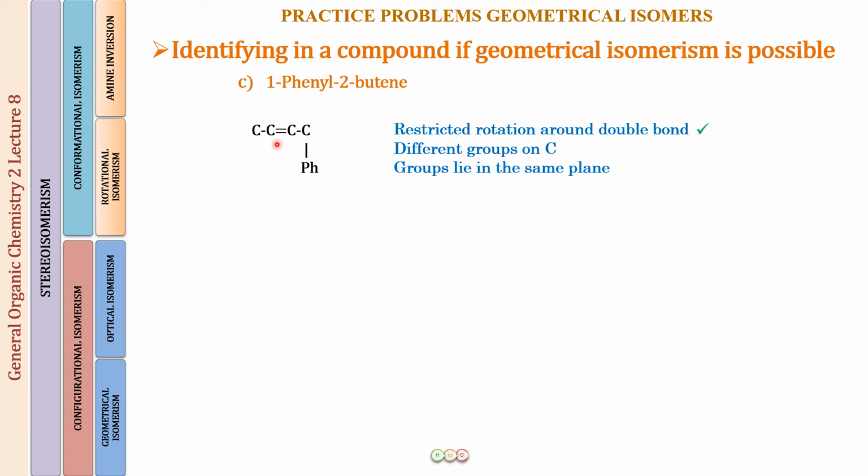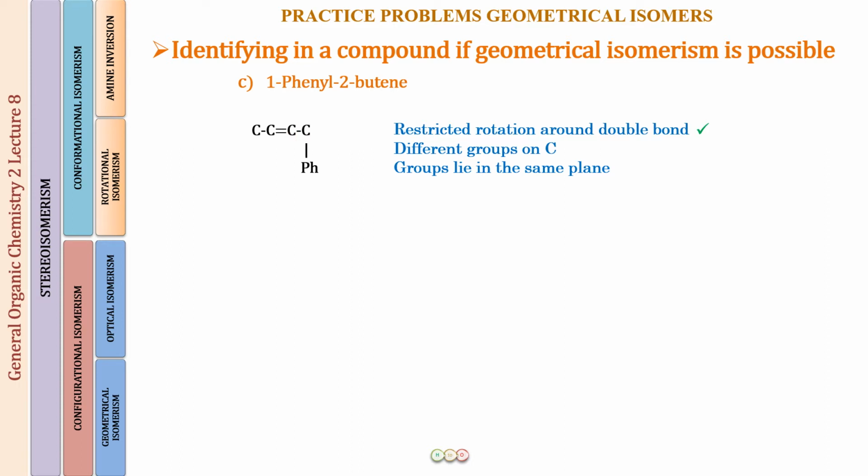The next, we are supposed to have different groups. So here what you can see is that we have a carbon-carbon double bond. At this carbon we have one carbon and the other is a hydrogen, right? And the next carbon, what will we have? It is forming a double bond this side and a single bond this side. So this is going to be a carbon, and here you will have a hydrogen.